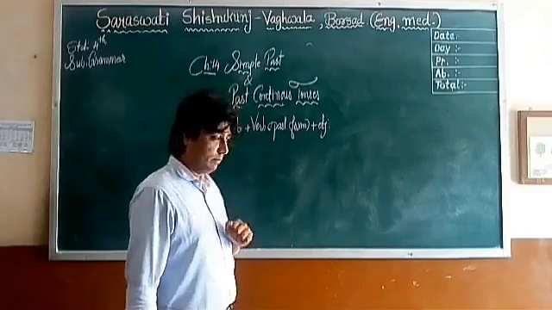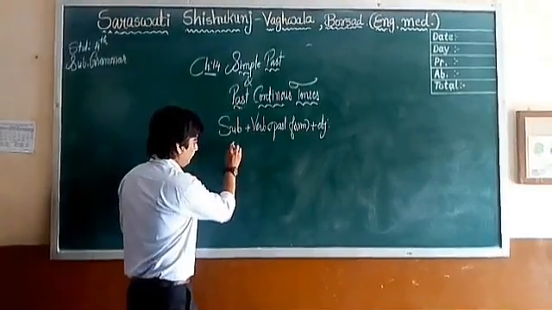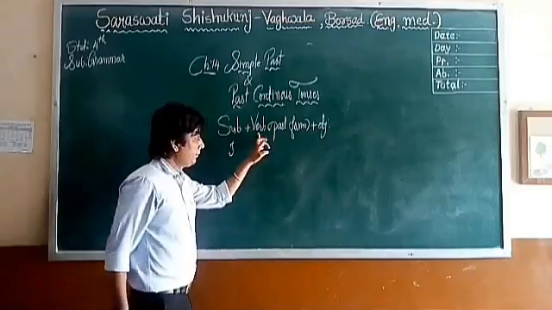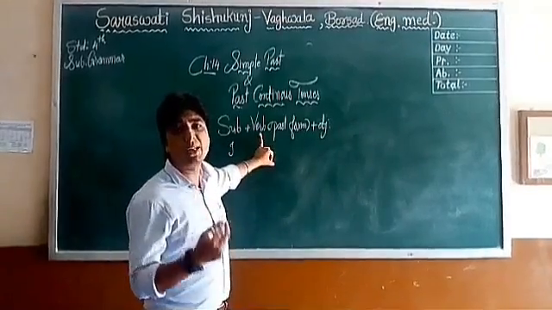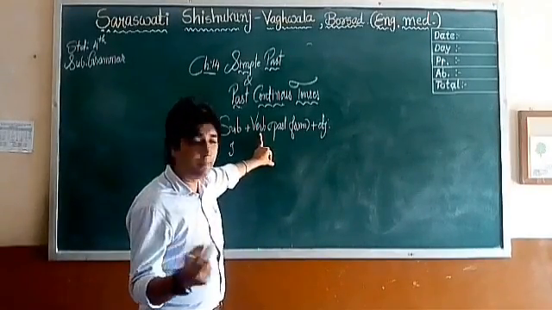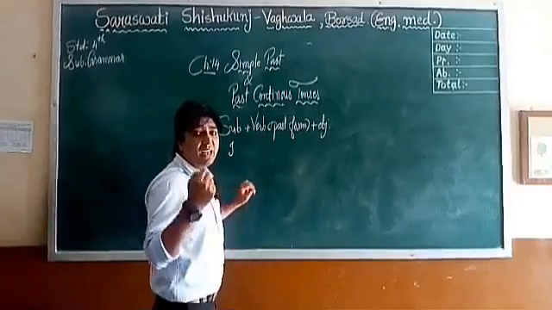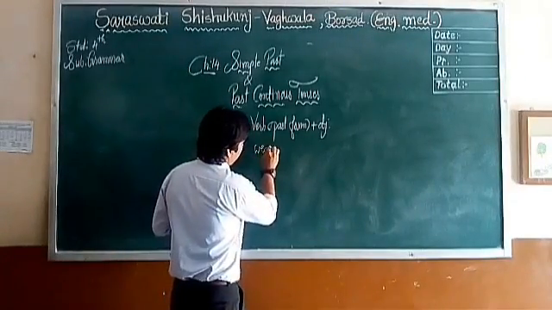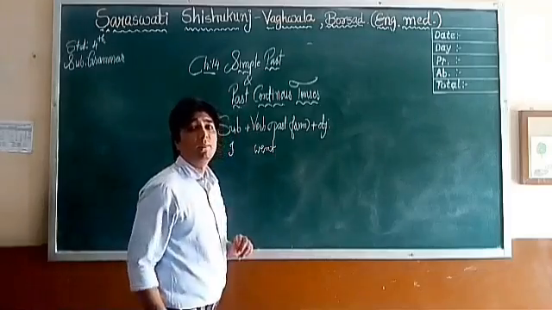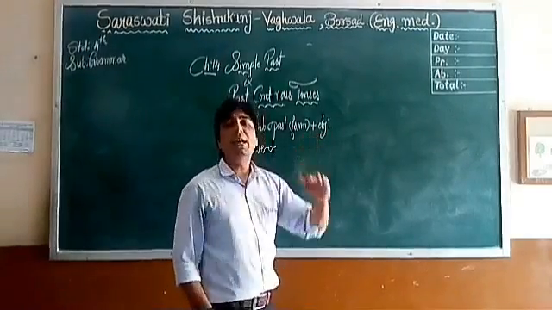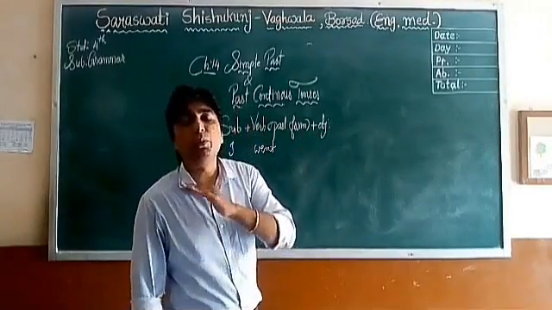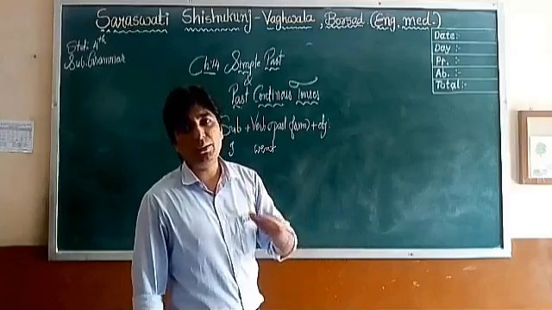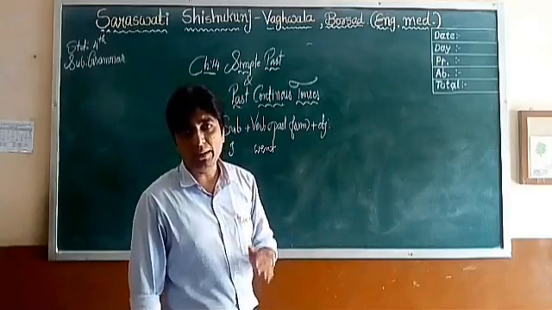Simple. For example, I want to use the past form of go. The past form of go is went. I went. Object. Now here you can use any appropriate words to complete the sentence, right?